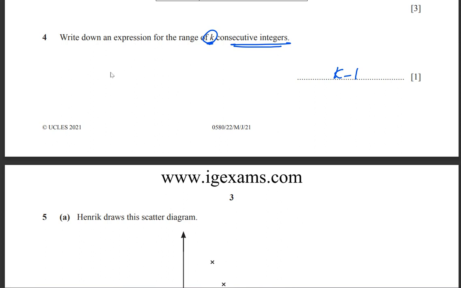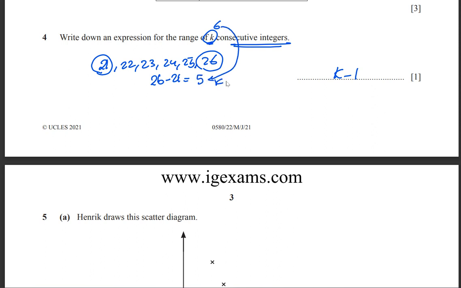For example, if I want to find the range of 6 numbers like 21, 22, 23, 24, 25, 26. What is the range? The highest minus the lowest. 26 minus 21, it will be 5, which is k minus 1.